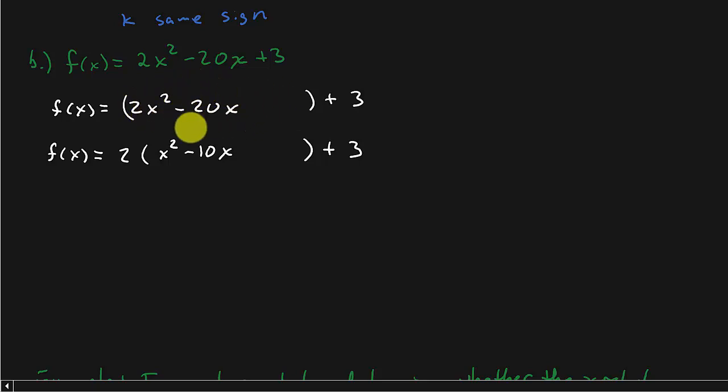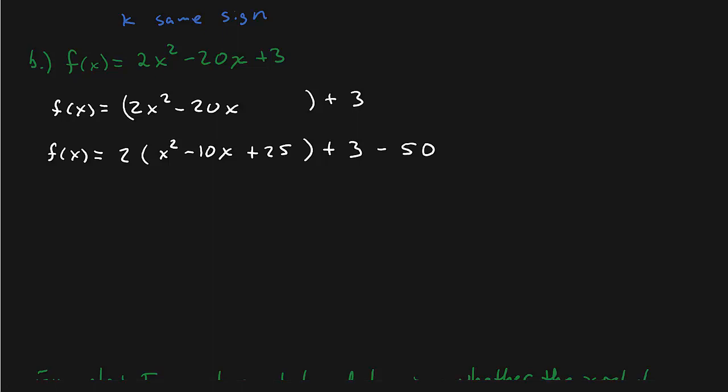All right. And so now we're going to half the 10. That gives us 5. And then we square it. 5 squared is 25. So I'm going to add 25. And since I added 25 in here, now I'm going to come out here and subtract 50. So think about that for just a second. Where in the world did this minus 50 come from?